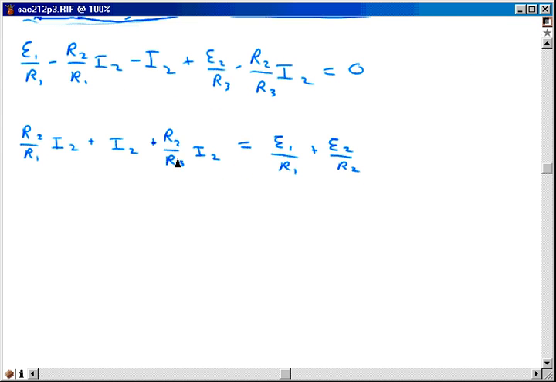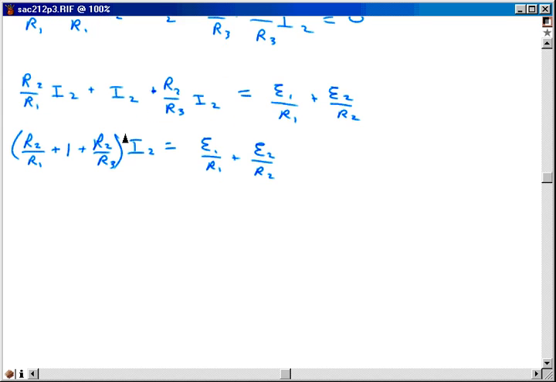Now I just have to factor out the I2 and divide both sides by this expression in parentheses.